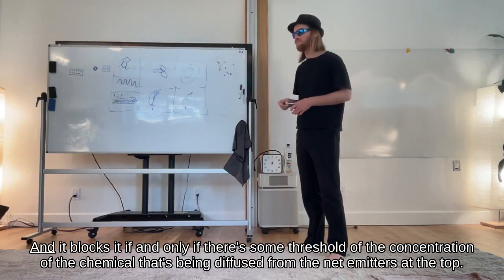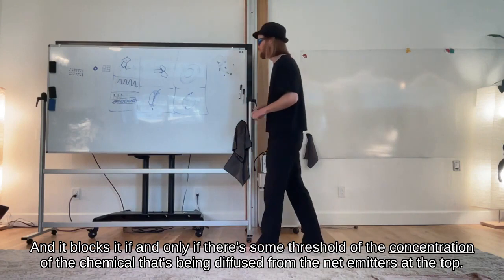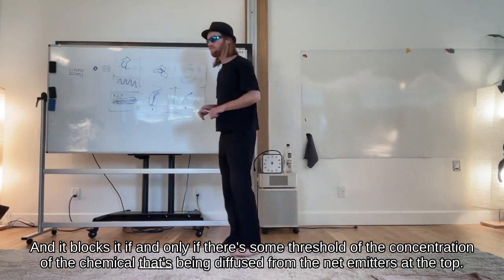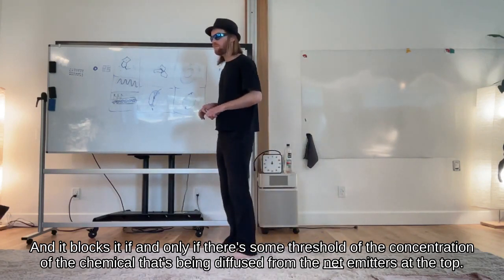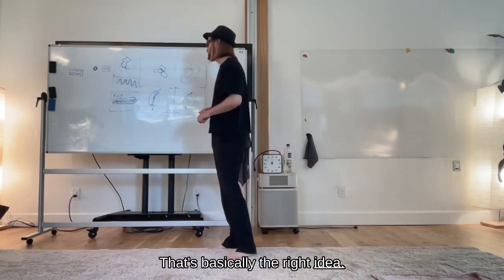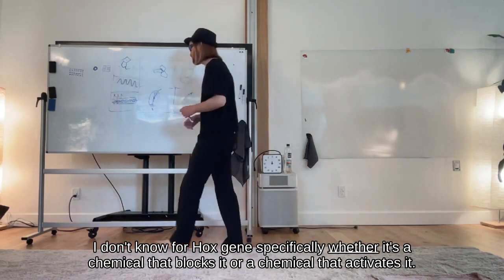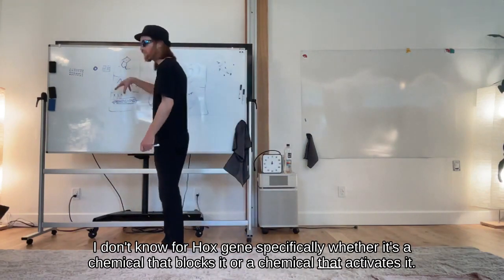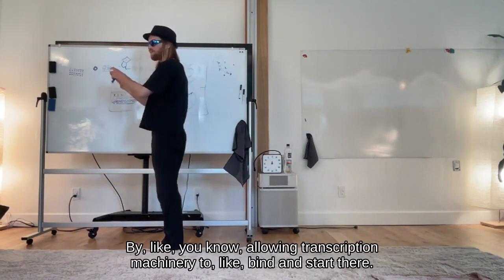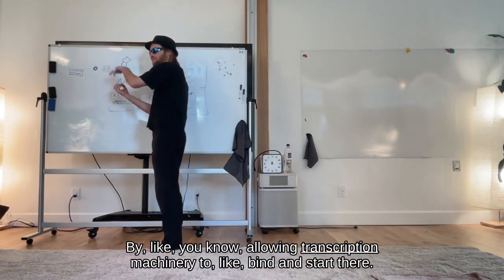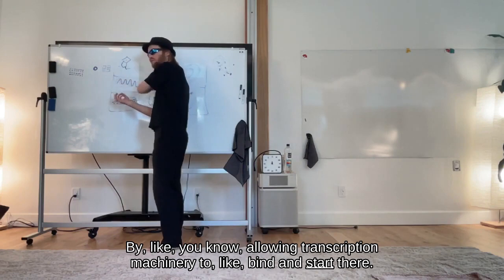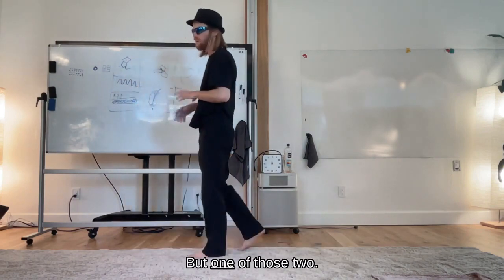It blocks it if and only if there's some threshold concentration of the chemical being diffused from the emitters at the top. That's basically the right idea. I don't know for Hox genes specifically whether it's a chemical that blocks it or one that activates it, by allowing transcription machinery to bind and start there. But one of those two.